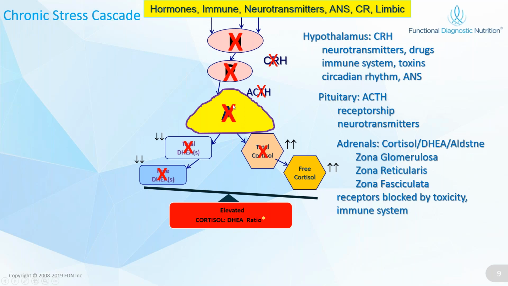You've got the medulla in the middle, which is producing your epinephrine or epinephrine type hormones. You've got the zona glomerulosa, the zona reticularis, the zona fasciculata, each one under its own set of rules and regulations and sensitivities and receptorship and all the things that go on inside cells.